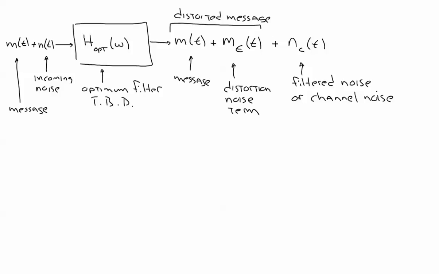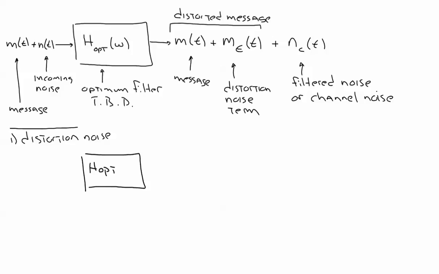Let's begin by looking at the distortion noise. If I let my message be applied to the input of my optimum filter, the output is the message plus the distortion.